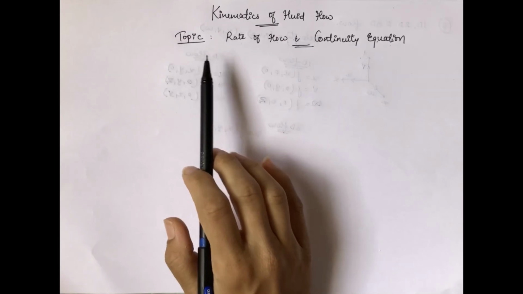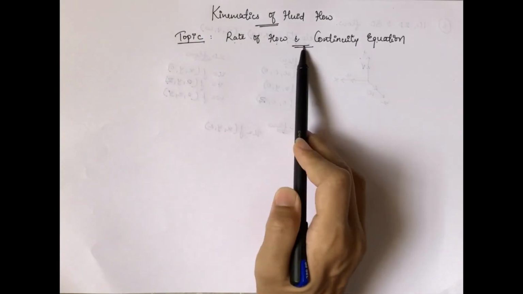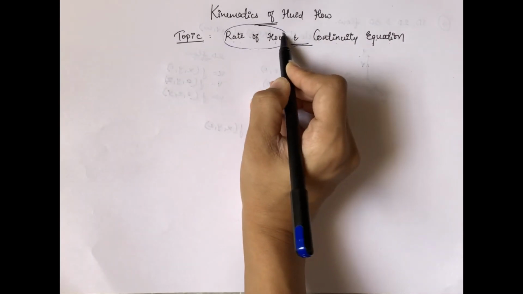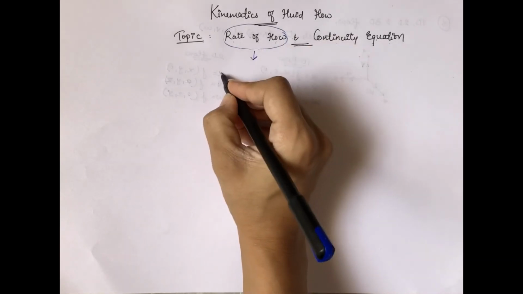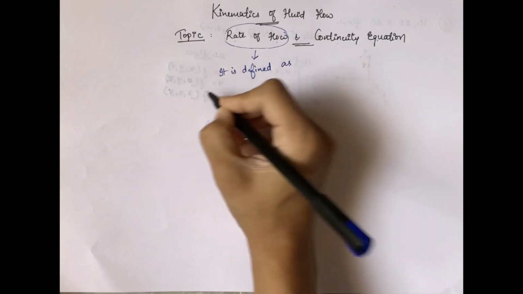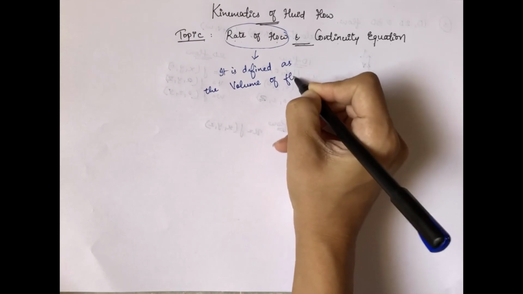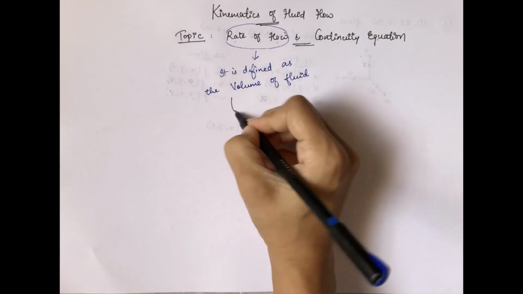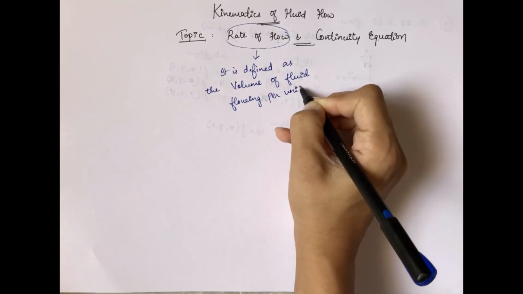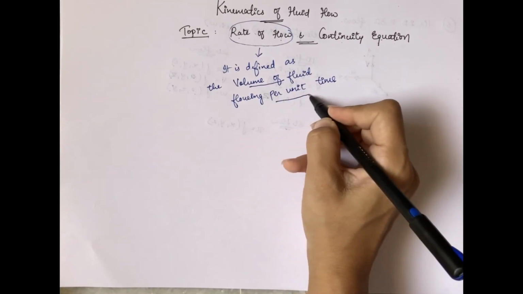Here we are going to learn about one of the important topics of fluid mechanics, which is rate of flow and the continuity equation. Let us see first what we mean by rate of flow. Rate of flow is defined as the volume of fluid flowing per unit time.